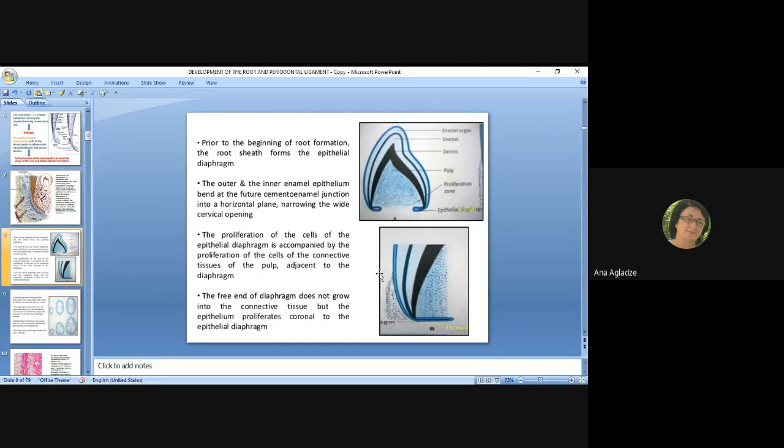Let's see here, this is the diaphragm, and proliferation of the cells of the epithelial diaphragm is accompanied by proliferation of the cells of connective tissue of the pulp adjacent to the diaphragm.